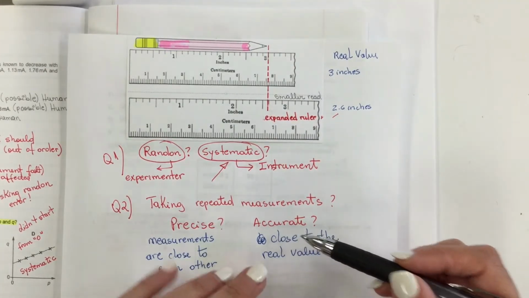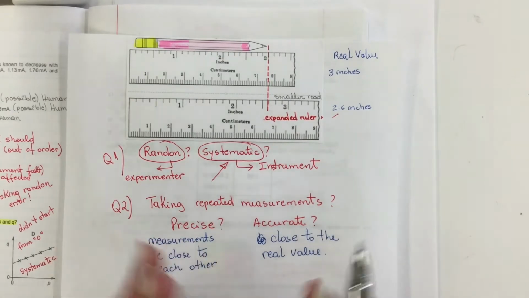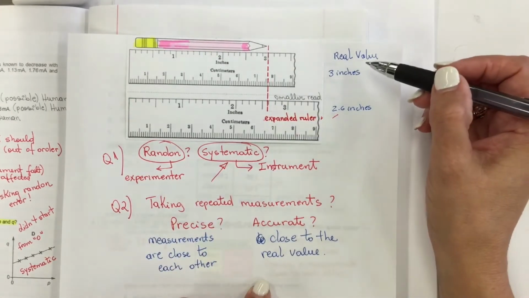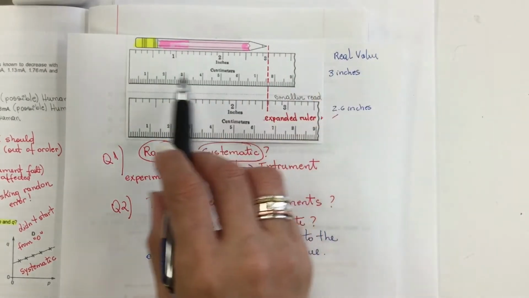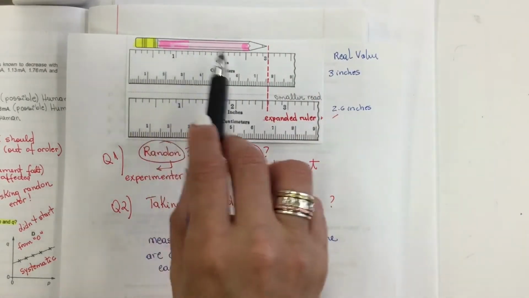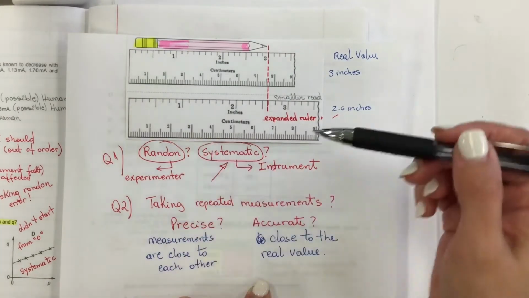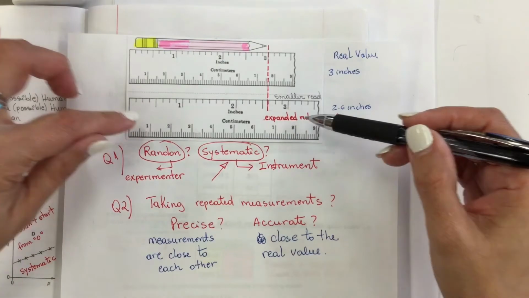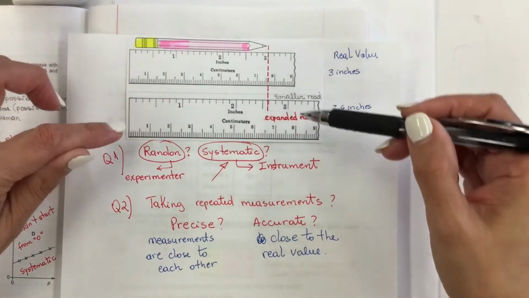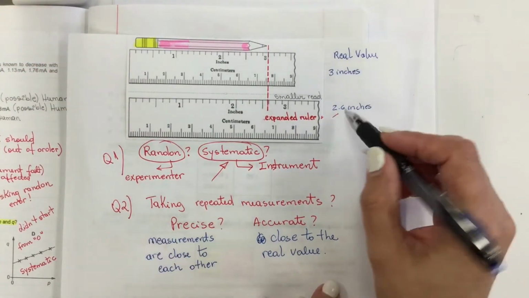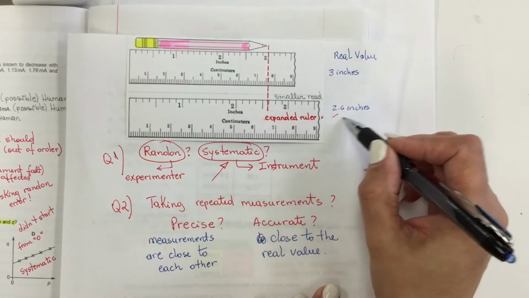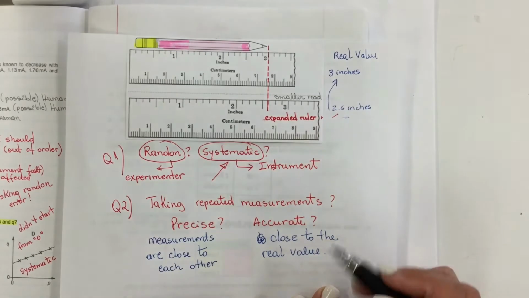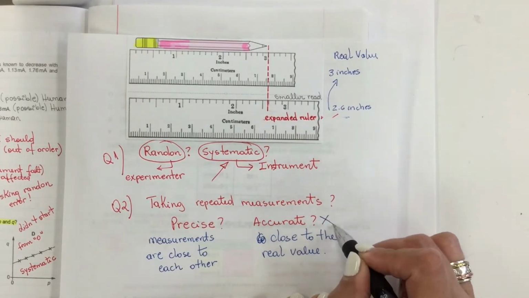An accurate result is when all the values are close to the real value. In this case, my real value is 3 inches. This pencil's real value is 3 inches. By taking the measurement on a ruler that does not have the same original calibration, my value will not be accurate. You're never going to make this value equal to this. So this is not going to happen.